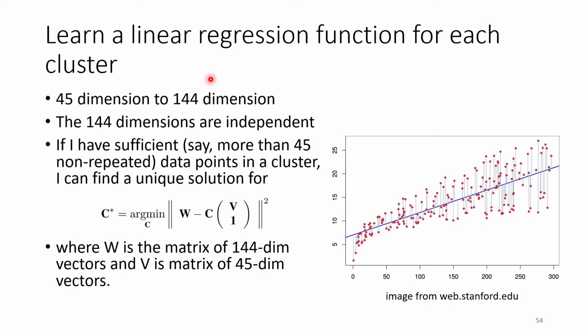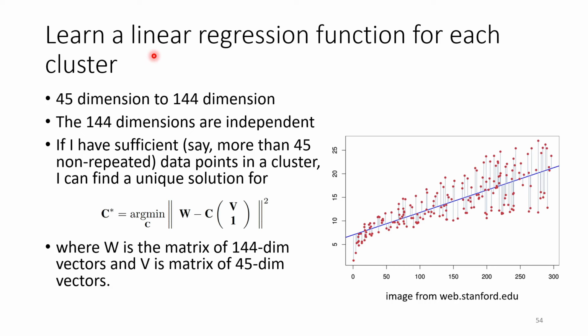It means if I have more than 45 training samples, then mathematically it is feasible to find optimized coefficients or parameters to create such a linear regression function.